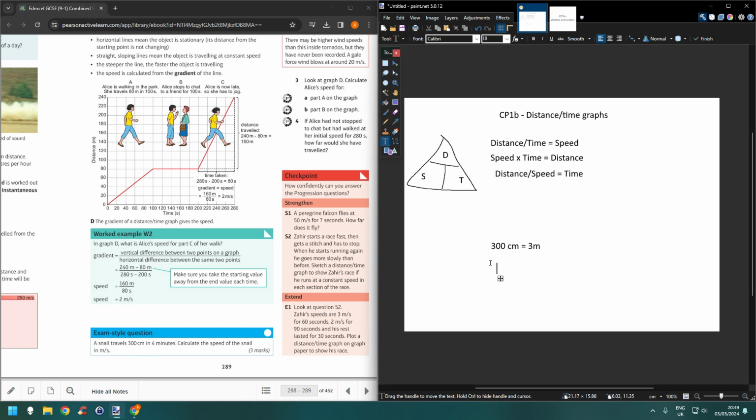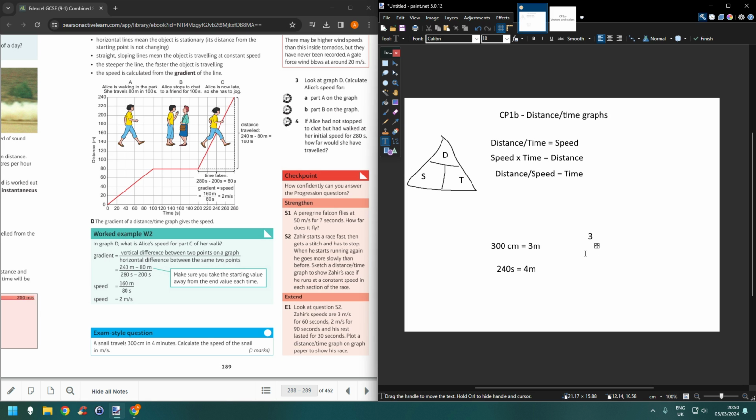So let's also convert 4 minutes. 4 times 60 is 240. So 240 seconds is 4 minutes. So you've got 3 meters and 240 seconds. If we insert these two values into our triangle, the speed of the snail, speed equals distance divided by time.